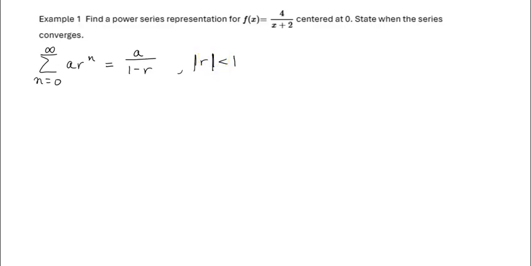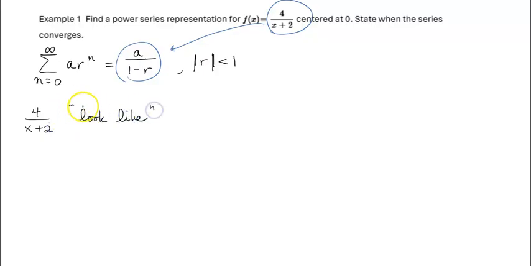So the function that we have, we're trying to match the form to a divided by 1 minus r. So we can see, well, what is our a and what is our r? So we need 4 over x plus 2 to look like a over 1 minus r.